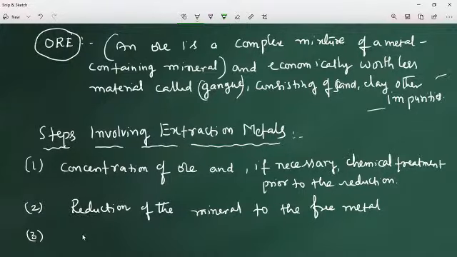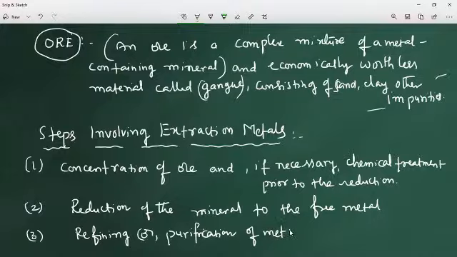To make it pure, the method is called refining, or you can call it purification of metal. Reduction involves different techniques. Even concentration also involves different techniques in this metallurgy.